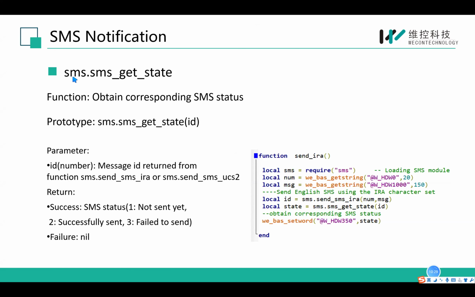And this is the third function I want to introduce, to get the SMS send state. But I have to say, for the new version it has some bugs, so it doesn't work like this. The IMD is still checking this. We can use this function to get the state of whether the SMS was sent successfully or not.